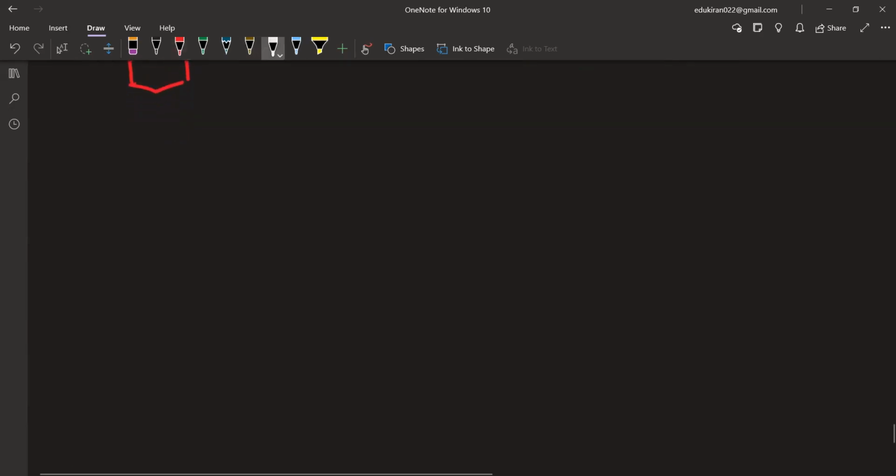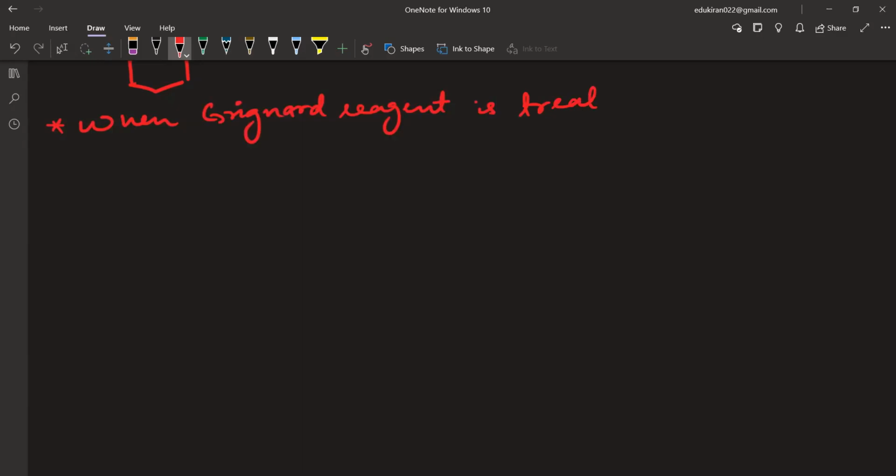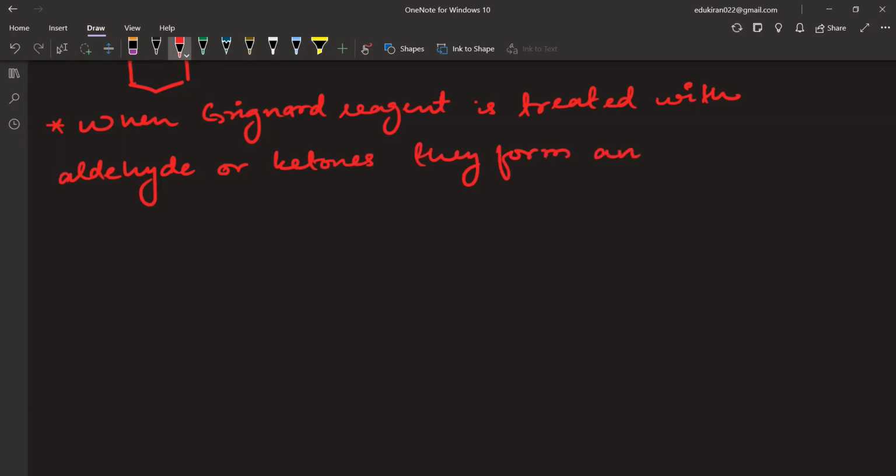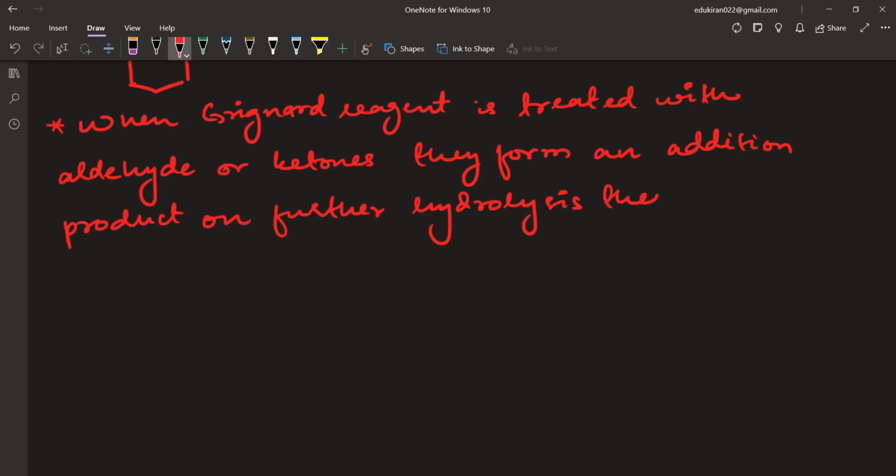Okay, you'll write here. क्या लिखिएगा? ऐसे लिखिए, when Grignard reagent is treated with aldehyde or ketone, they form an addition product, on further hydrolysis, they form the corresponding alcohol.